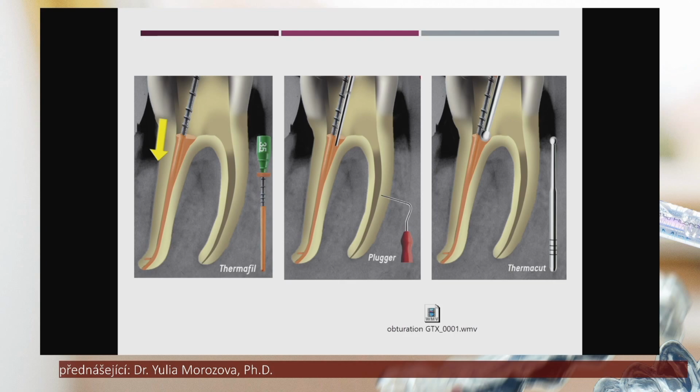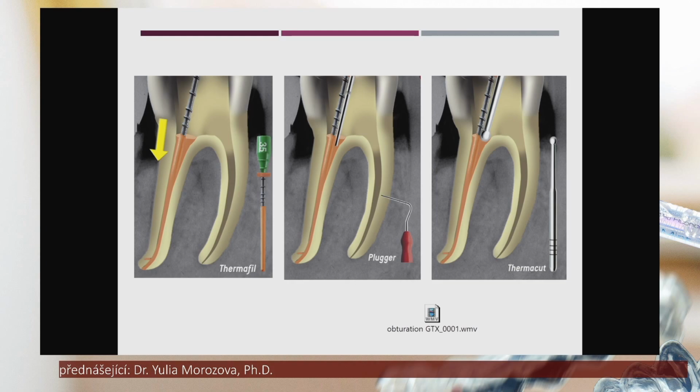and provide vertical compaction using the plugger. Or if we use a classic Thermafil with a plastic core, in this case we can use a special instrument, the Thermacut, a small rotary instrument used with a turbine handpiece at the slowest rotations without water cooling, and our aim is to remove this core up to 2 millimeters under the root canal orifice.